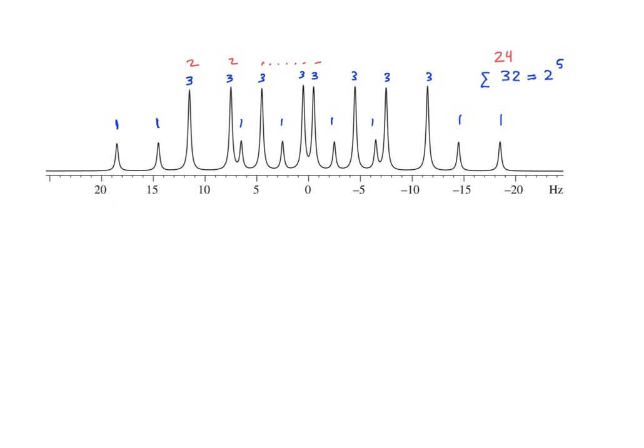And so that allows us to say with more confidence that these bigger peaks are 3 and not some other number. This first pair is separated by about 4 hertz.